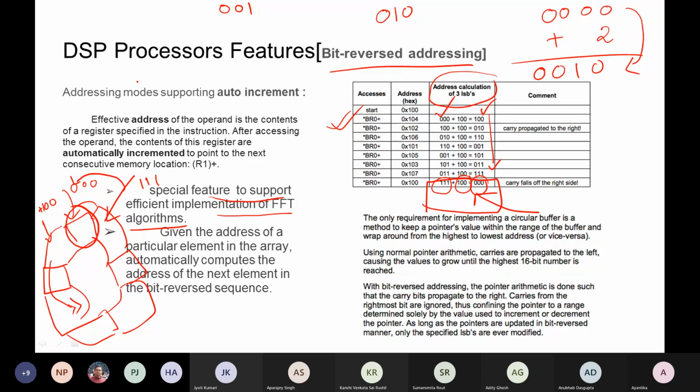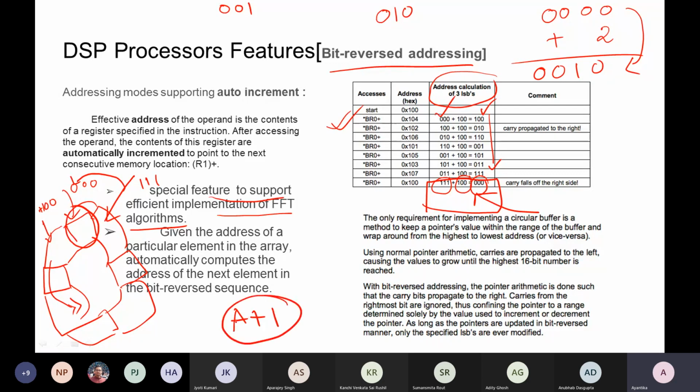Ma'am, here we can see that 4 is added, 100, that means 4 is being added. Yes. But the concept is why we are calling it bit reverse. In our traditional processors I have one address location, some address A, then I add A plus 1, that is my next location.